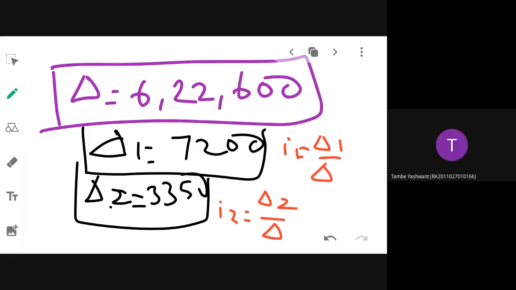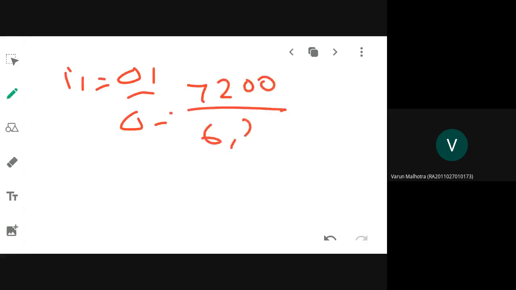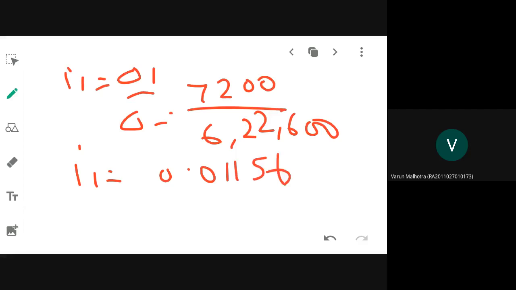I1 is del 1 by del, that is 7,200 divided by 6,22,600. I think it is 0.01156. So in milliampere, it is 11.56 milliampere.